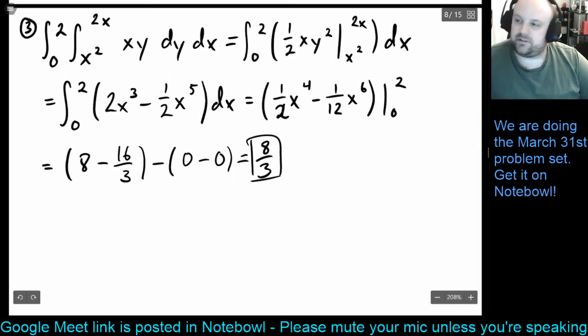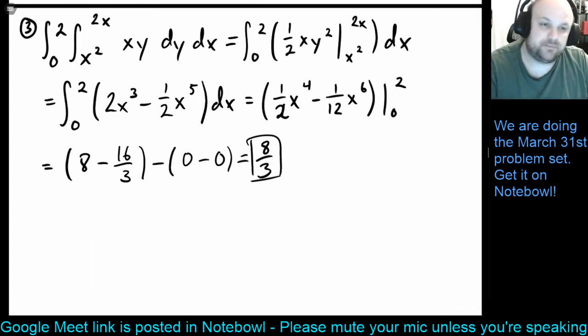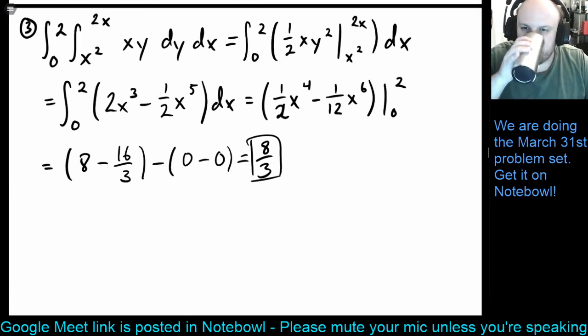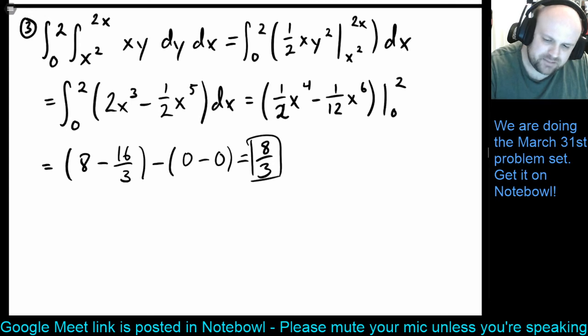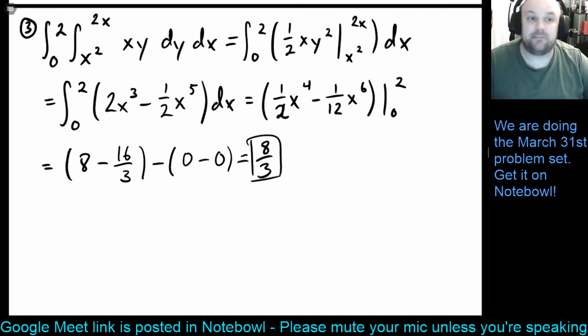More important though, when we're doing multiple integration, I'm less worried about all this business of computation, because we have computers that can do this stuff for us. The computation part. The part it can't do is set up the integrals for us, right? We have to tell it the bounds on an integral.